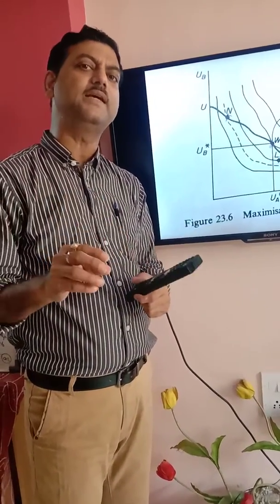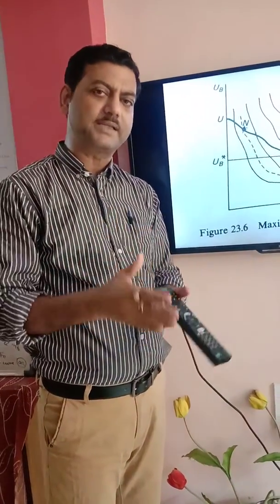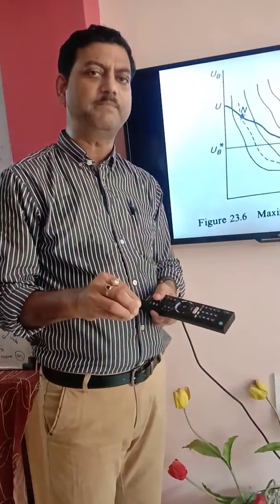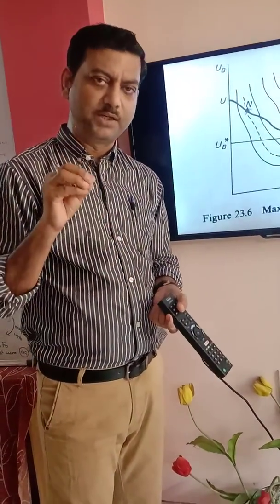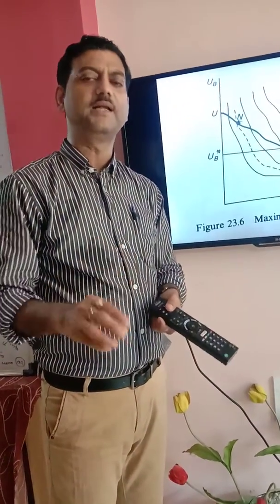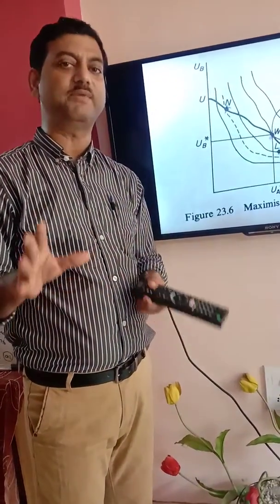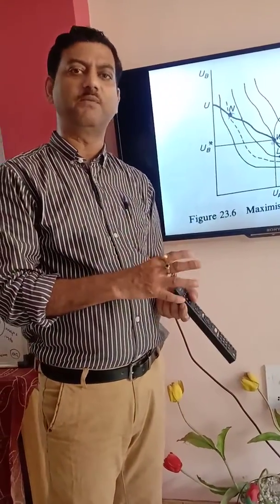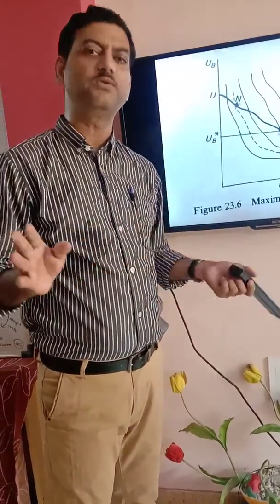That's why automatically the equality conditions, that is MRS equal to Px by Py, MRT equal to MCx by MCy, are all satisfied. But if you have the externality problem, the existence of public goods, or asymmetric information, then it can be shown that even if you have a perfectly competitive market, Pareto optimality will not be reached.